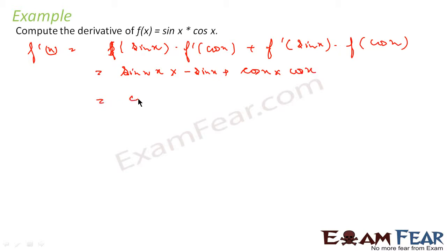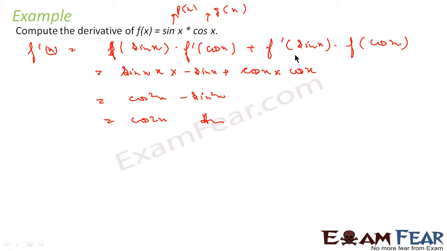So what we get is cos square x minus sin square x, and that is nothing but cos of 2x, and that is the answer. Very simple. We have assumed that this is of the form p x into q x, and then first we have taken p x, differentiated q x, differentiated p x, and taken q x.